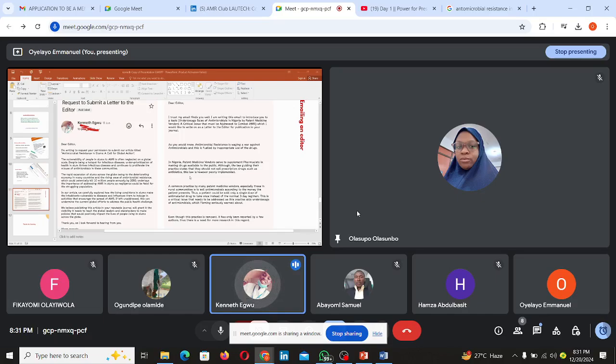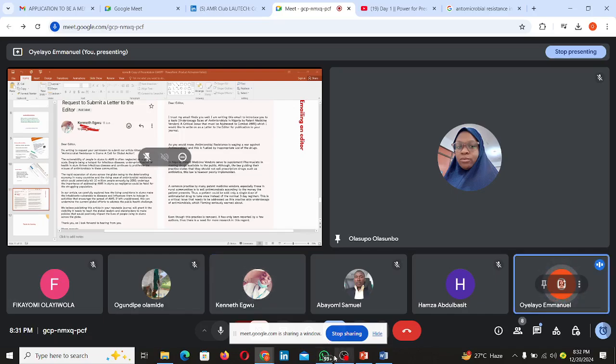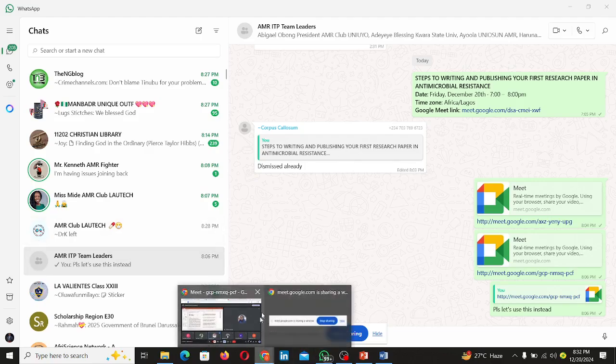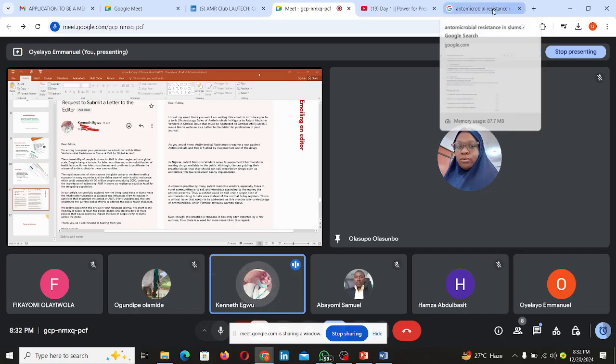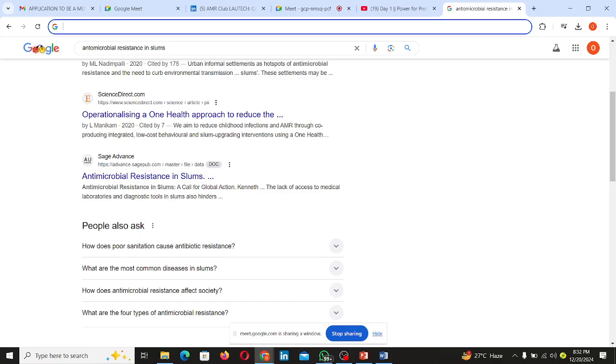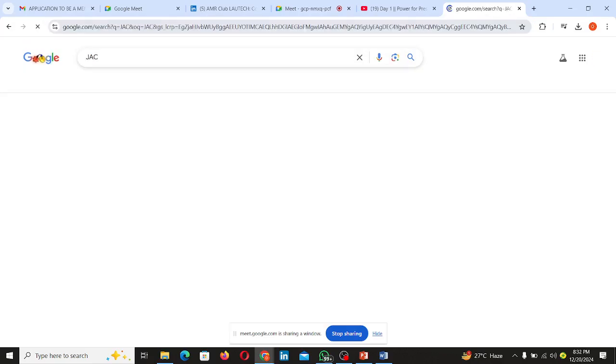And also JAC-AMR, their publications for researchers from sub-Saharan Africa are, I think, generally free of charge, so you can publish in the journal free of charge. So for most journals, if you're writing a letter to the editor, it's free of charge. But then again, if you're writing maybe a commentary, or an original article or systematic review.